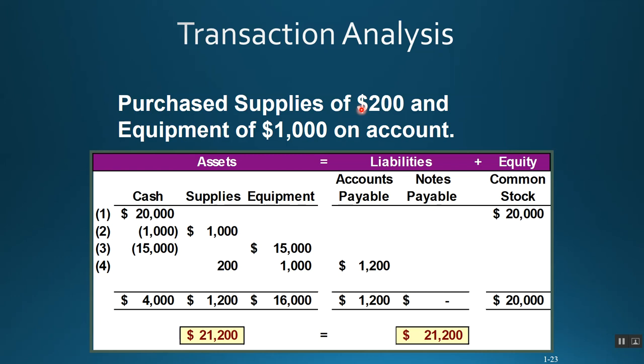Our debt increases because when we choose not to purchase with cash and we purchase with a line of credit, that's debt. We also purchased $1,000 equipment on account, so the equipment increased in our business and so did our debt, accounts payable. So notice that supplies, we have an increase of $200 there, an increase of equipment of $1,000, but we also have a collective $1,200 increase, $1,000 plus $200.